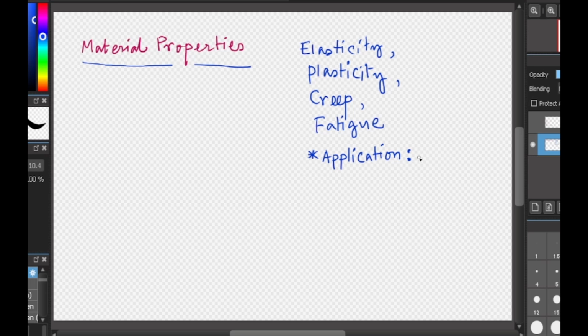For the condition of plasticity, we must understand that all inelastic deformations are not always plastic deformations.